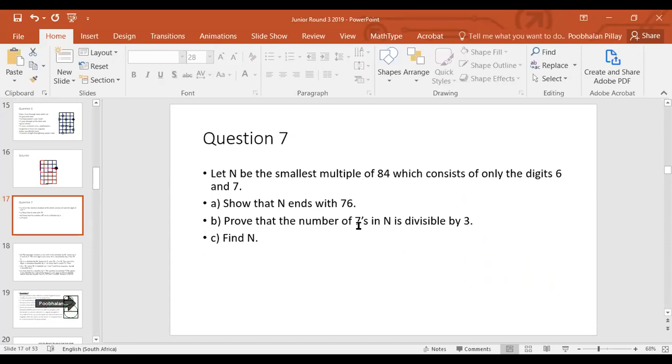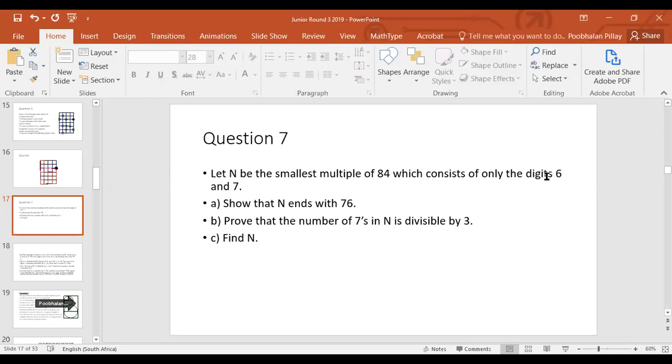So in other words, the number of 7s in your number must be either 3 or 6 or 9. So you have to prove it. And then they say find n. N, remember, is the smallest multiple of 84, whose digits are only 6 and 7.